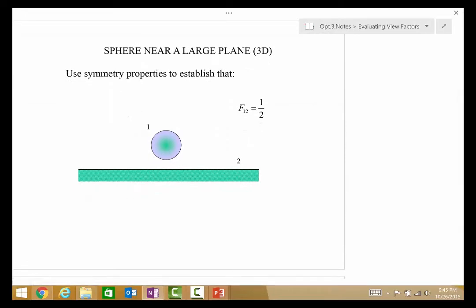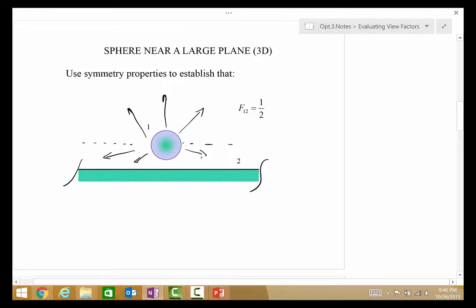There are also other interesting approximations that we can use in terms of symmetry. So in a 3D system, imagine that we have a sphere near a large plane. If this is a sufficiently large plane, and this is obviously truncated just to fit on this screen, all the radiation that comes off of this sphere is going to go either in the upward direction or in the downward direction.